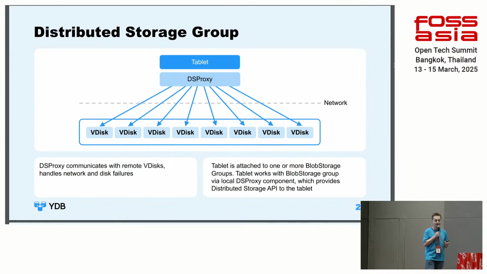DS proxy is aware of the structure of disks. It knows which disks it should use. And it's responsible for handling failures of network and virtual disks. So for a tablet, it's really easy to communicate with virtual disks because there is a special entity, and it simplifies life a lot. And the API is quite straightforward.